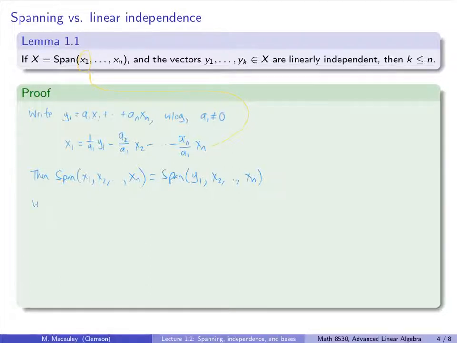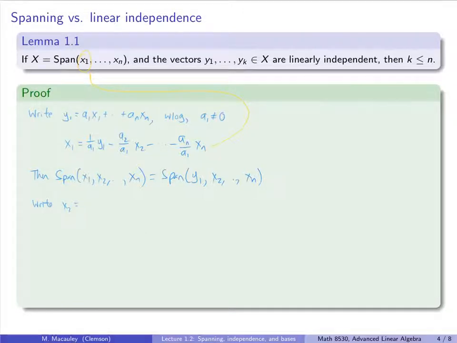So next, we can write x2. Now we got to be careful. We don't want to write x2 using x1 up to xn, because then we might reintroduce an x1 if we sub back in. So we want to write x2 using our new basis.